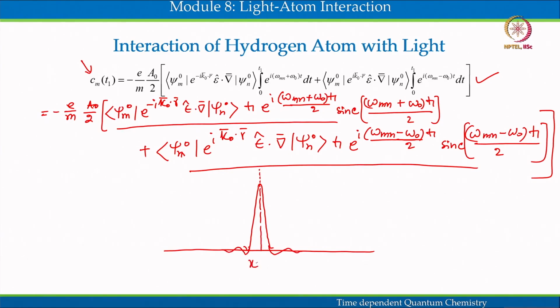It gets a maximum value near x equals 0, in the limit x equals 0, and it reduces. I mean, it goes to 0 very quickly, and when it goes to 0, I get x equals pi.